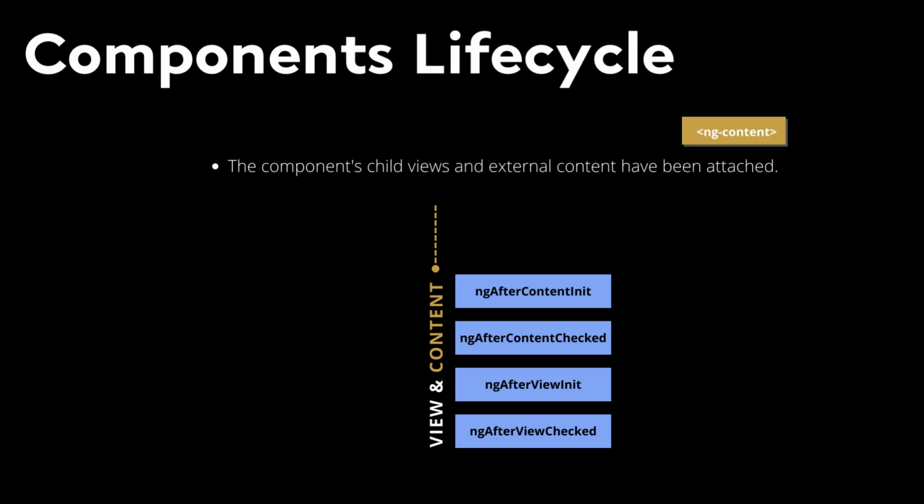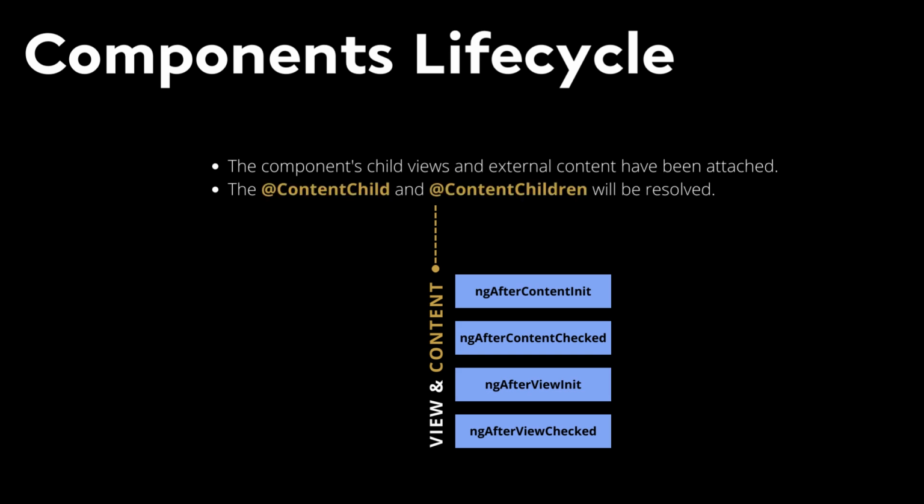This content can come from the ngContent tag. At this moment, the property decorators @ContentChild and @ContentChildren will be resolved. You will have a clear understanding once you learn more about content projection in Angular in the upcoming videos.